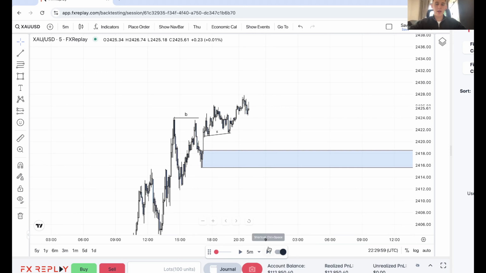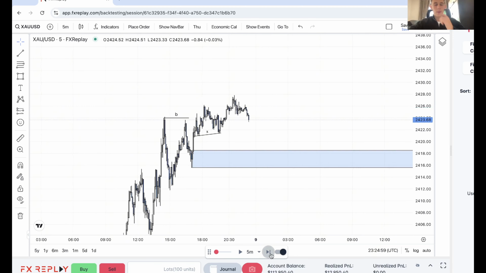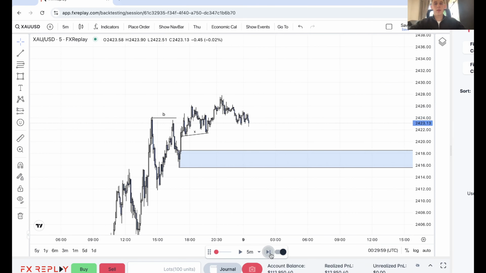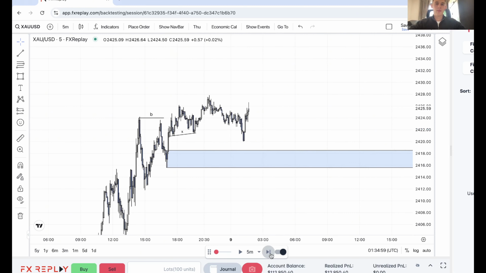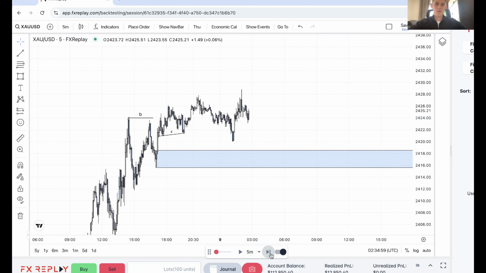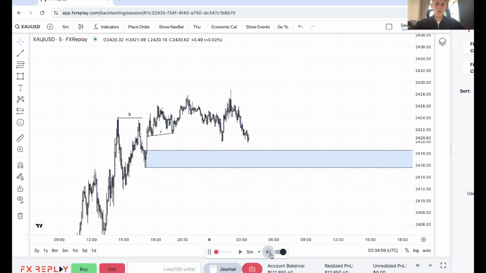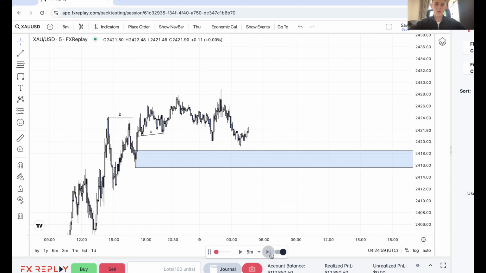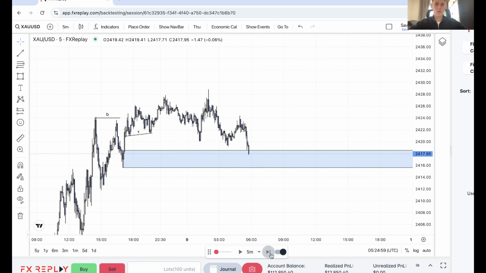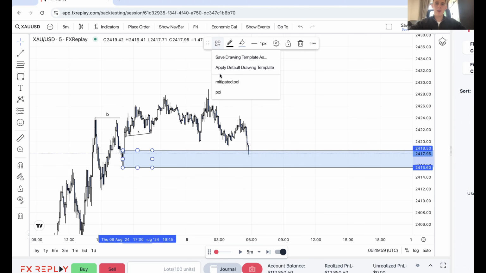So let's see how price reacts if it comes to there. There we go. So this was also a sweep of Asia low into that demand. Let's see if it holds.